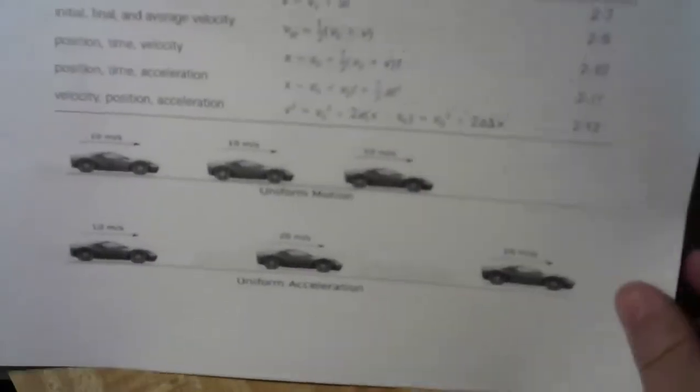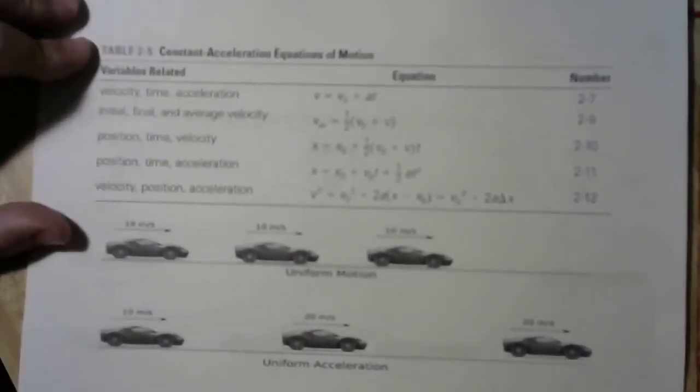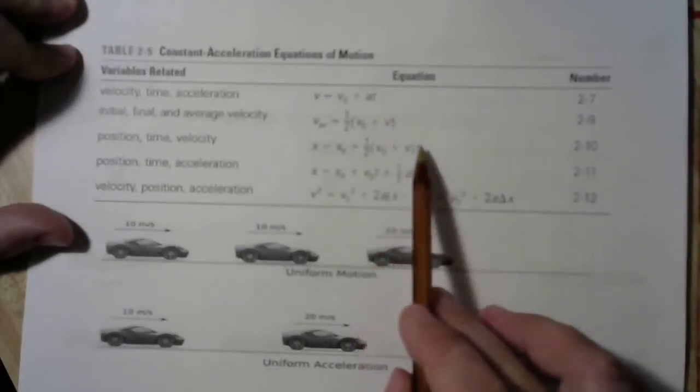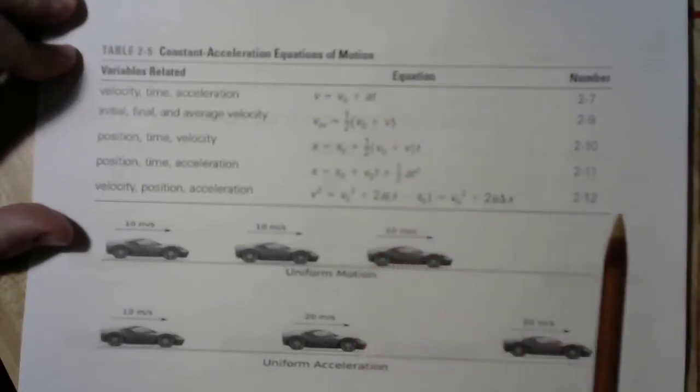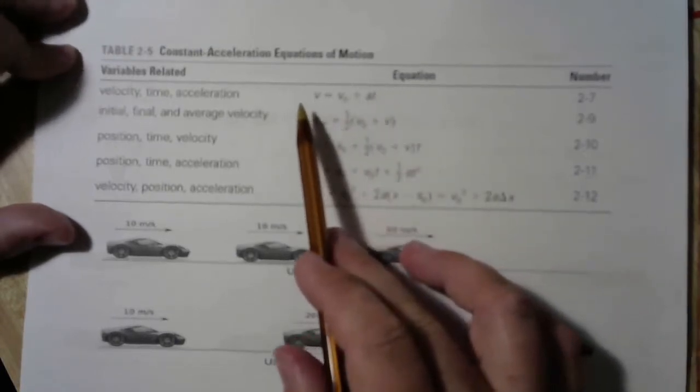Now I will talk about these equations of motion. We have 1, 2, 3, 4, 5 equations. I will not go into how we can derive them.